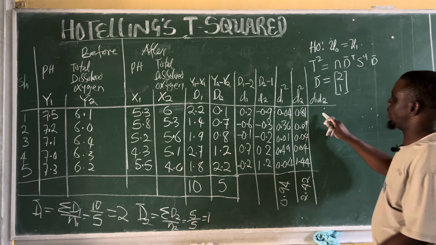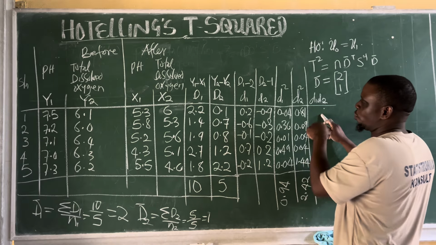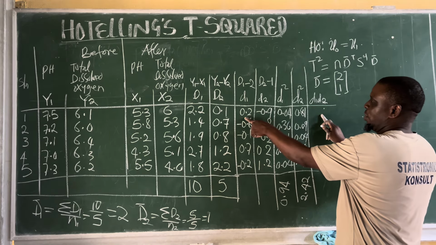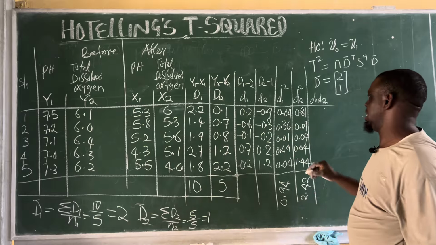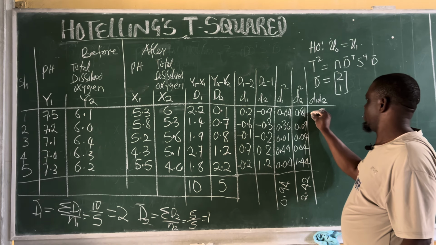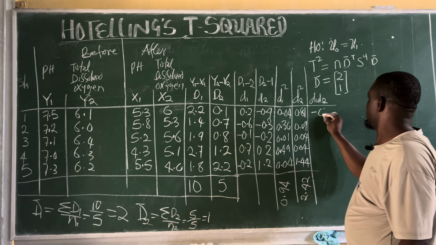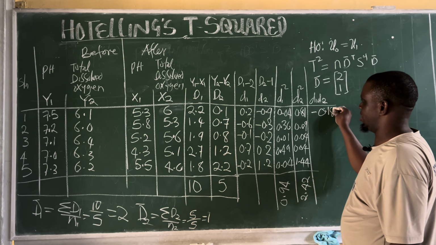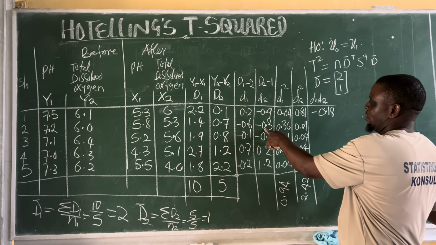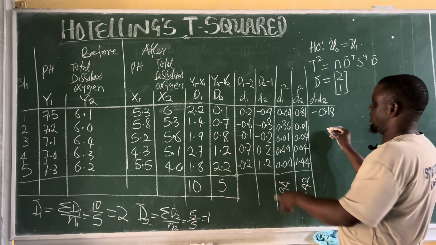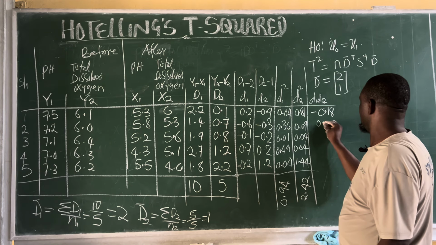2.42. So now, D1 D2 for the covariance will be 0.2 times minus 0.9, which is minus 0.18. Okay. Now, minus 0.6 times minus 0.3 will be 0.18.